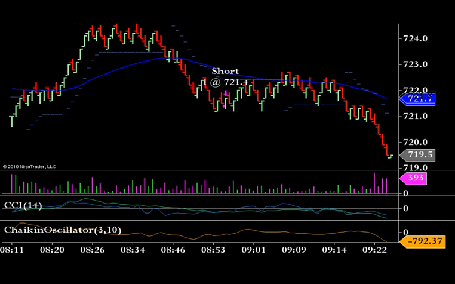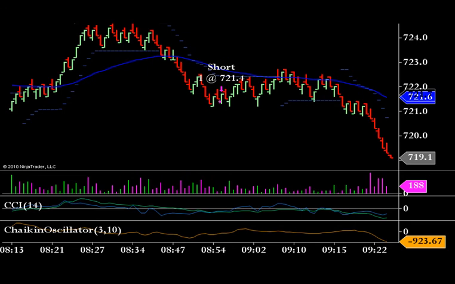There we go. We're starting to break down a little bit better. Get a nice move coming here. Let's just let this roll and see where Ted decides to get out of this trade.